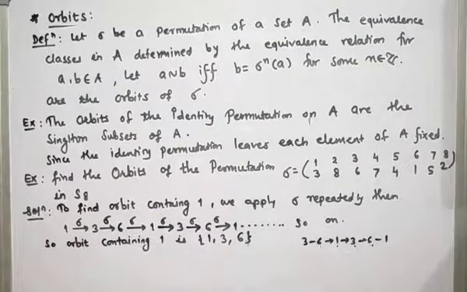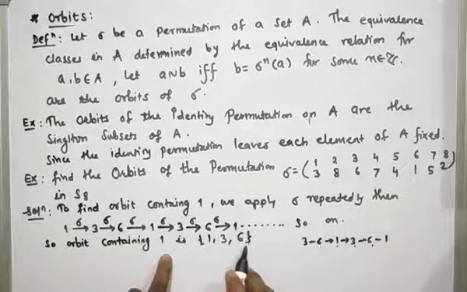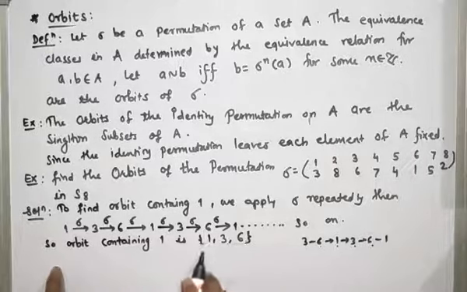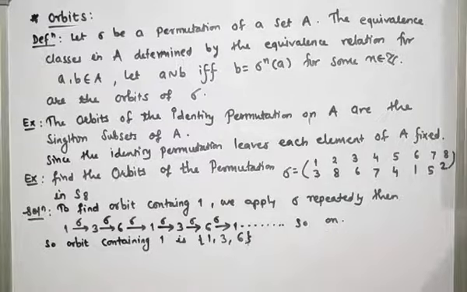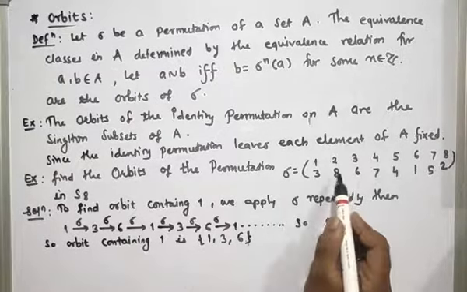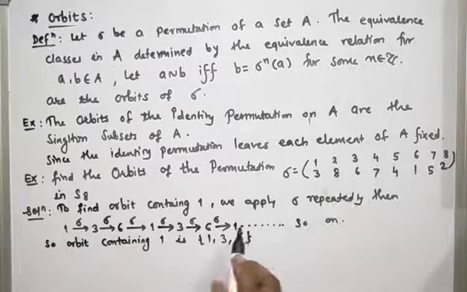So 3, 6, 1 will be repeated, right? So the orbit containing 3 is again the same elements 1, 3, 6, and the orbit containing 6 is again the same elements 1, 3, 6. Now we will see the other elements. The remaining elements are 2, 4, 5, right?